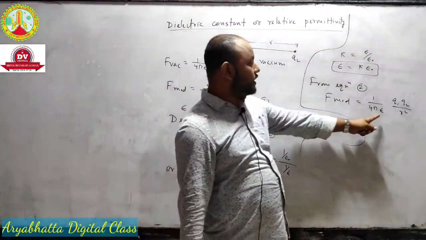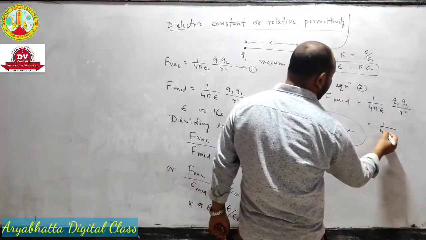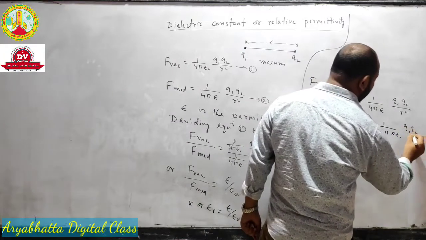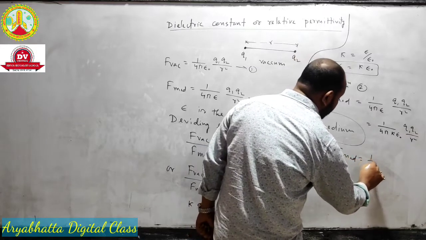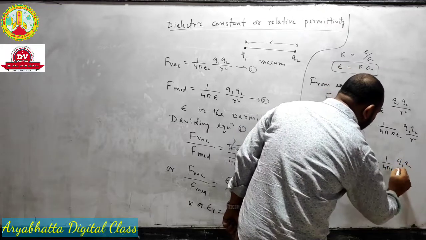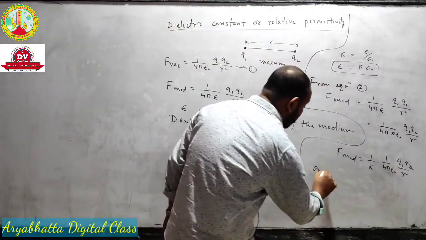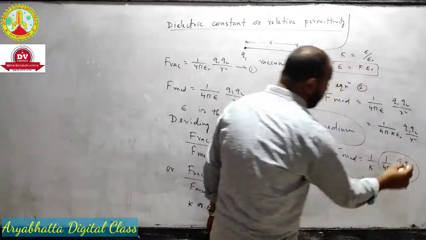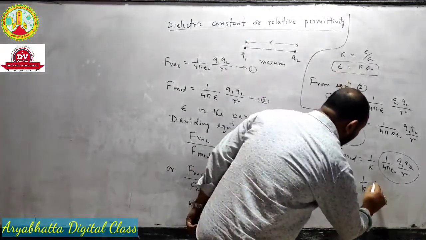In place of epsilon we can put chi into epsilon naught, so F medium will be equal to 1 by chi into 1 by 4 pi epsilon naught Q1 Q2 by r square. This 1 by 4 pi epsilon naught Q1 Q2 by r square is the force between two charges in vacuum.